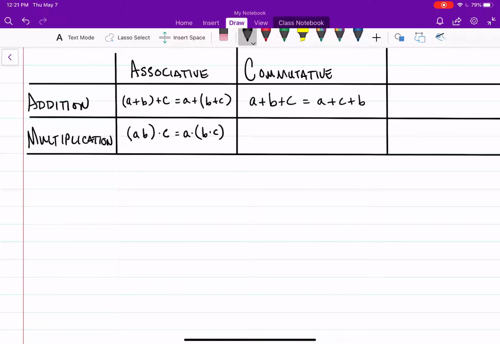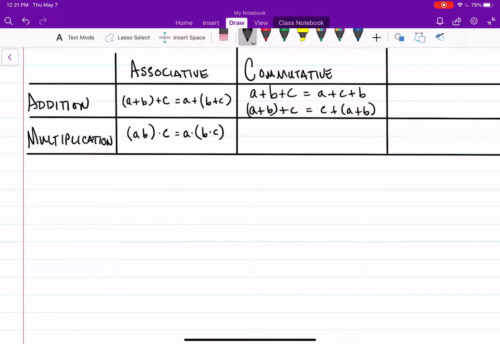Now, another way to look at it, let's say I use the commutative property, but it kind of looks like the associative property, okay? So I could even say A plus B plus C, but if I was to do the commutative property here, it would be this.